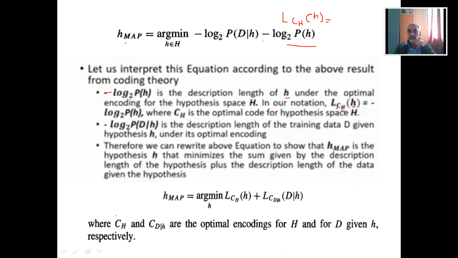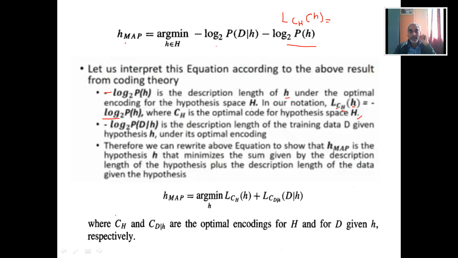Minus log 2 of probability of H. Where C of H is the optimal code, that is the smallest code we can have to represent our hypothesis space H, right? So the first term we have represented like this.